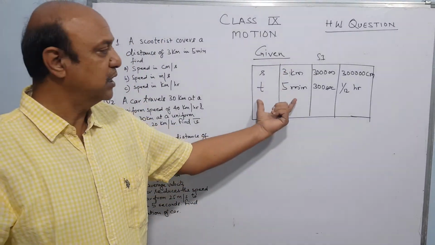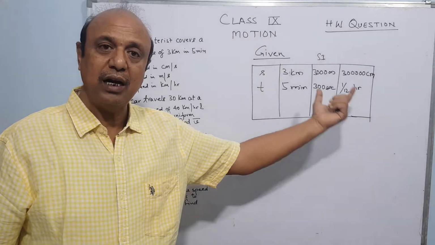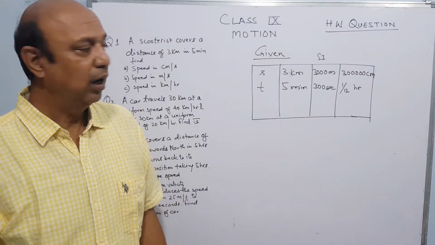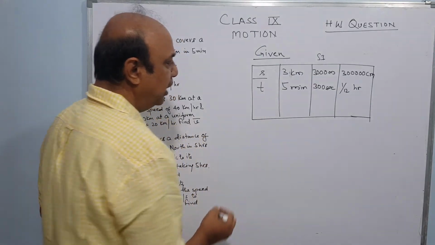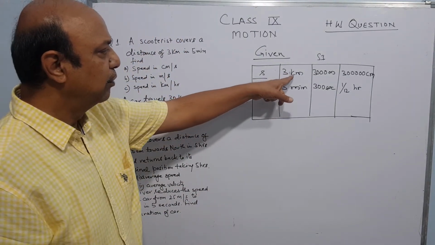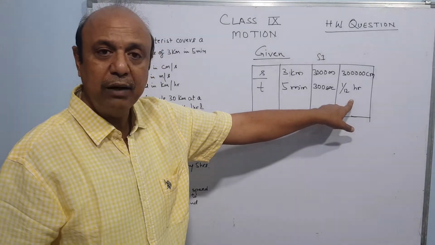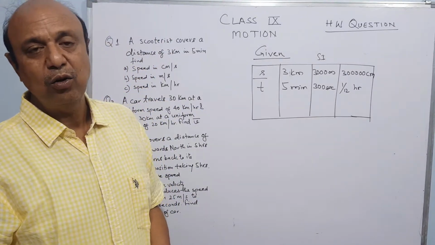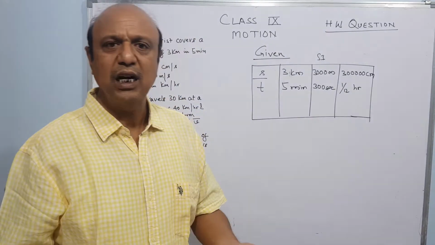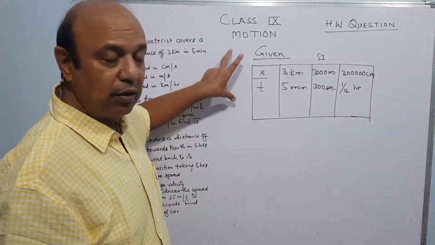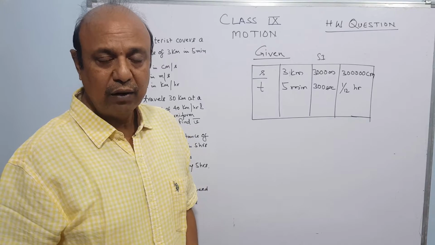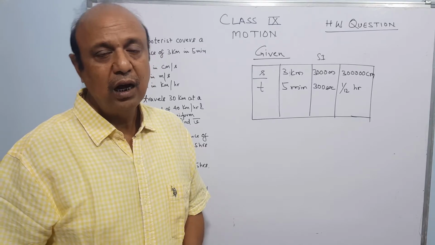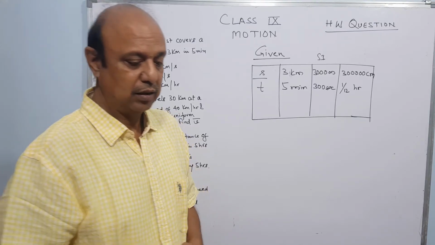Once we have this given and the conversion at the very top of the numerical, solving the numerical simply becomes very easy for me. S upon t, I will do it here. 3 kilometers upon 1 by 12 hours, that makes it 36 kilometers per hour. It's a very easy calculation then. But following the rules of given is very important. Otherwise, we'll mix up the units and come up with the wrong answer.